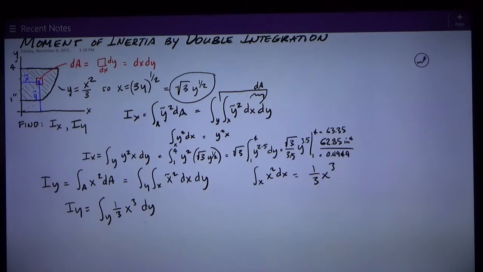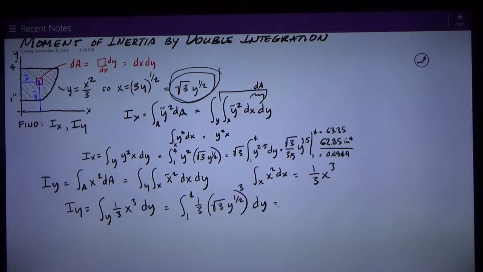Once again we plug in the value for x, which is the square root of 3 times y to the 1/2 power. So that's the integral from 1 to 4 of 1/3 times the square root of 3 y to the 1/2 power, and we have to cube the whole thing, dy.